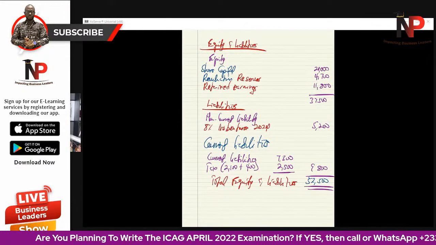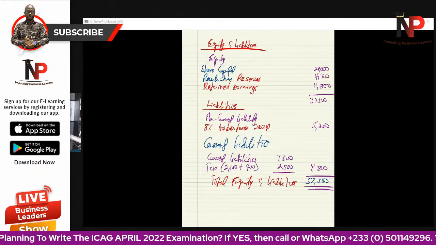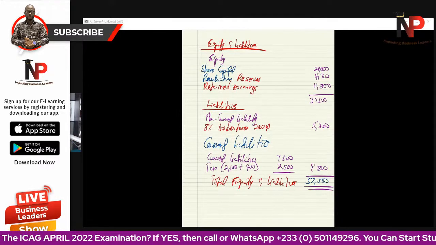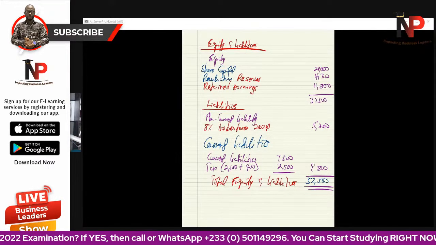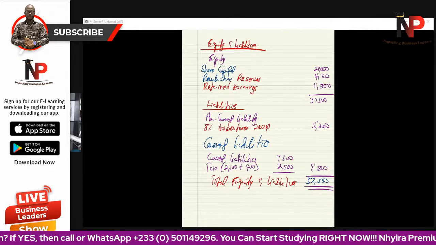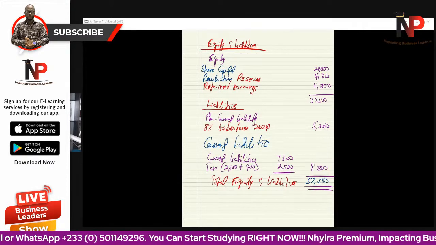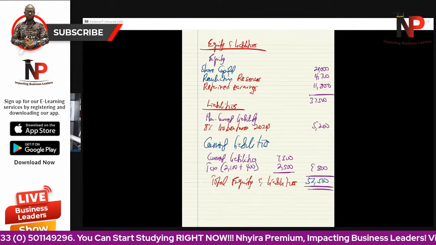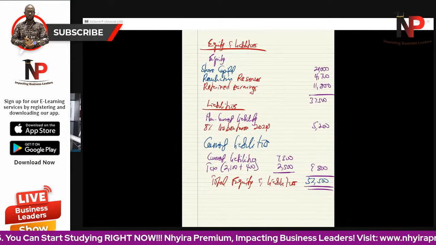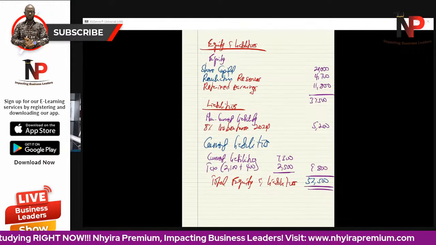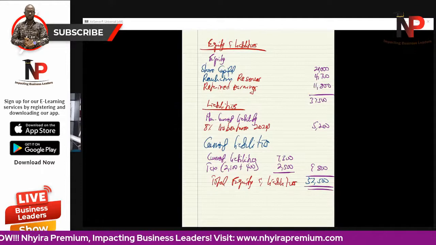But the beauty of it is the various workings that we have to go through before we arrive at our figures or arrive at a complete financial statement. That's the real deal when dealing with these issues. Okay. So that's it about that.